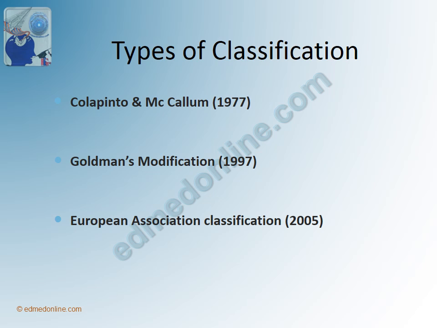The basic aim of these classifications has been to classify these injuries as per their radiological and clinical relevance. Unfortunately, experts like Anthony Mundy believe that none of these classifications have been able to completely solve this dilemma.